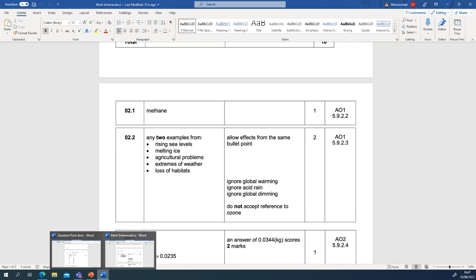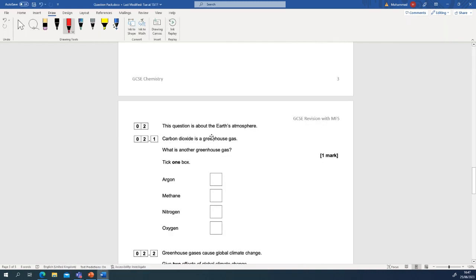Methane is the greenhouse gas that they are looking for, because whenever it's talking about carbon dioxide, we also associate methane with that, because methane and carbon dioxide are the 2 main greenhouse gases which are resulting in global warming. Okay, now nitrogen is not a greenhouse gas. Nitrogen, there's a lot of it in the atmosphere, but it's not the ultimate cause for global warming. Oxygen is not, and argon is not.